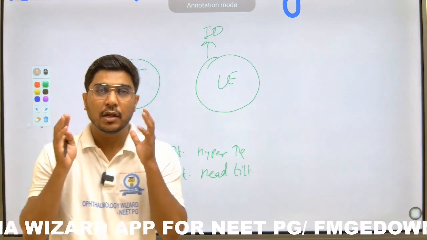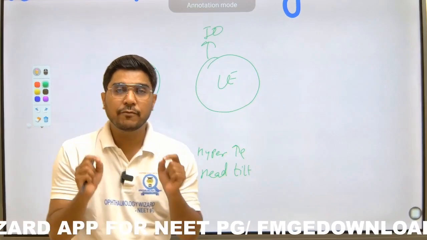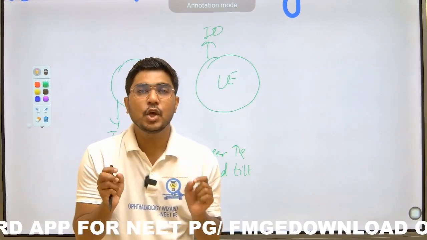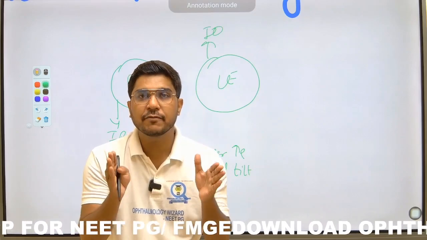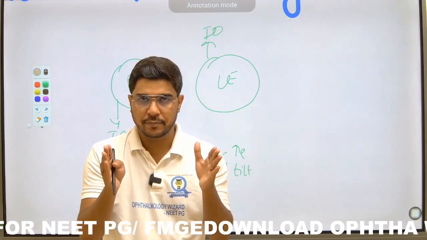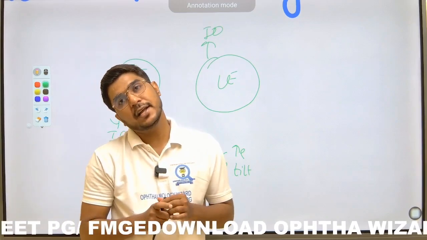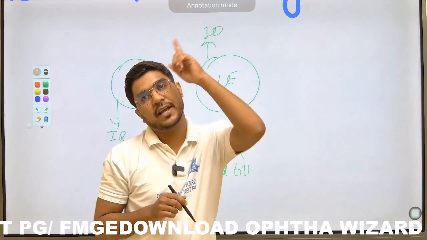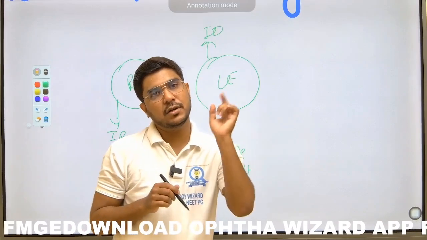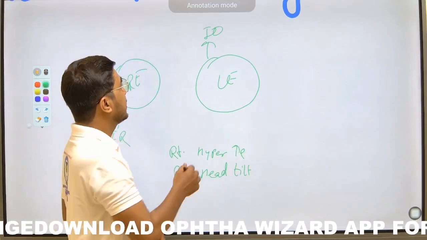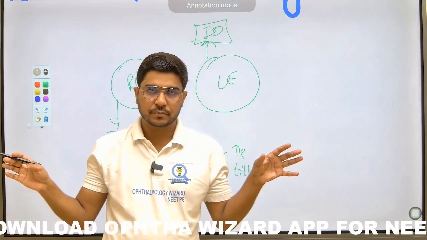Since you are left with only inferior muscles, you have to see which eye should extort, because inferior are extorters. So on right head tilt, right intort, left extort. That means the inferior of the left eye should be the answer.